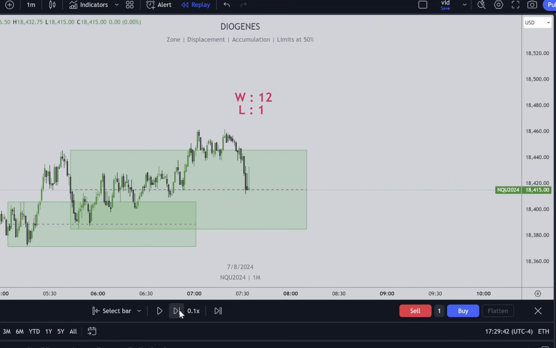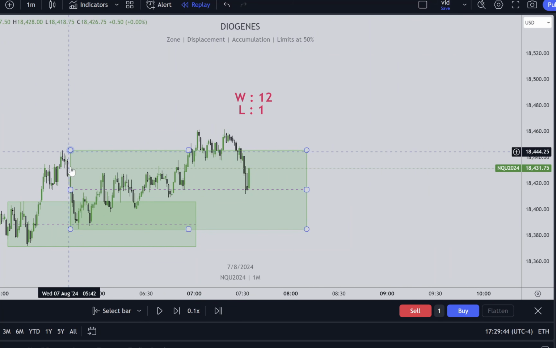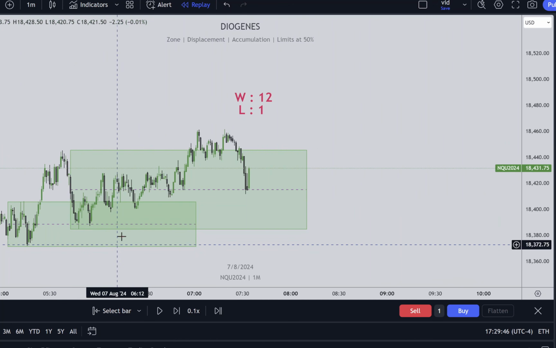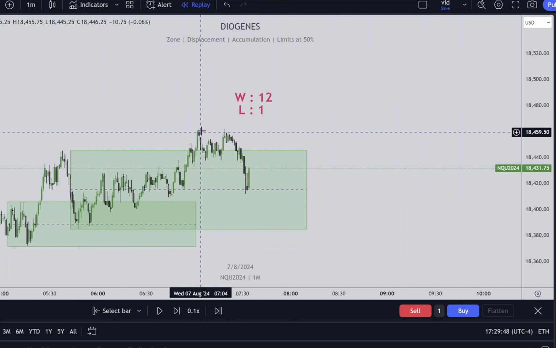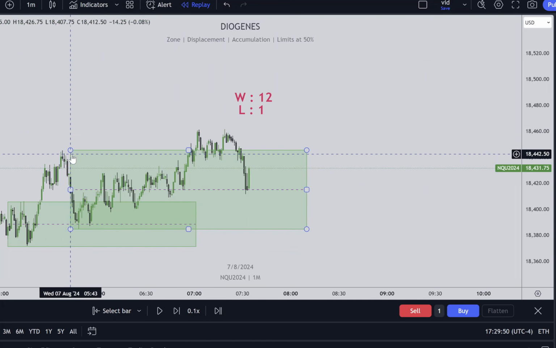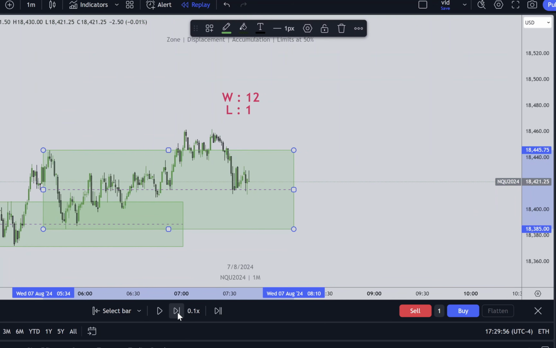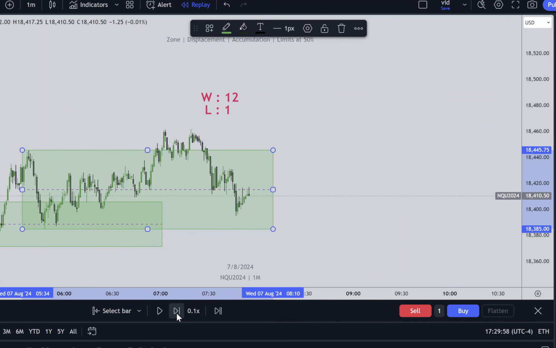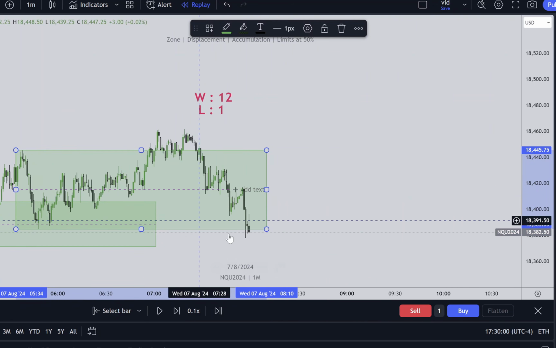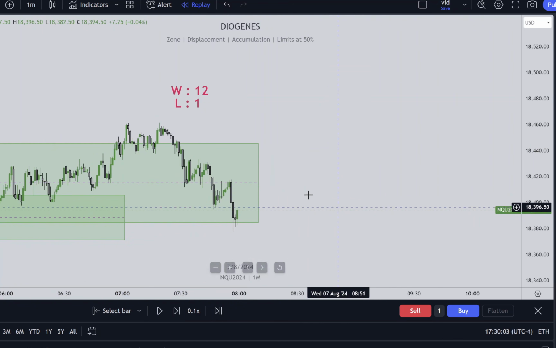Okay, so this is the last bullish zone, protected low, weak high. So I'm taking this from this 50%, and it was a loss. No problem.